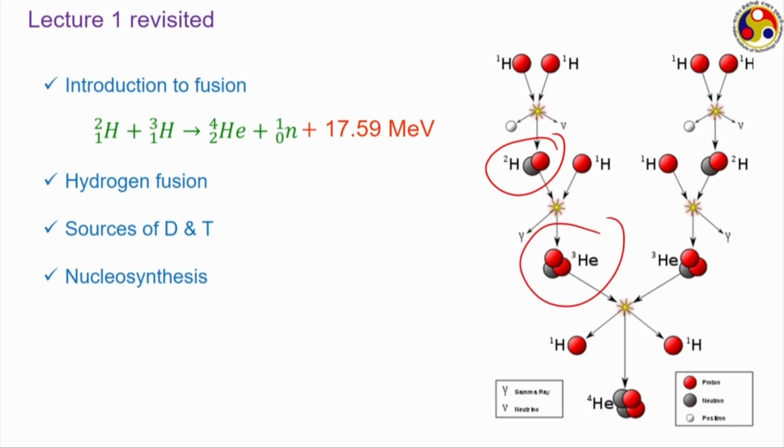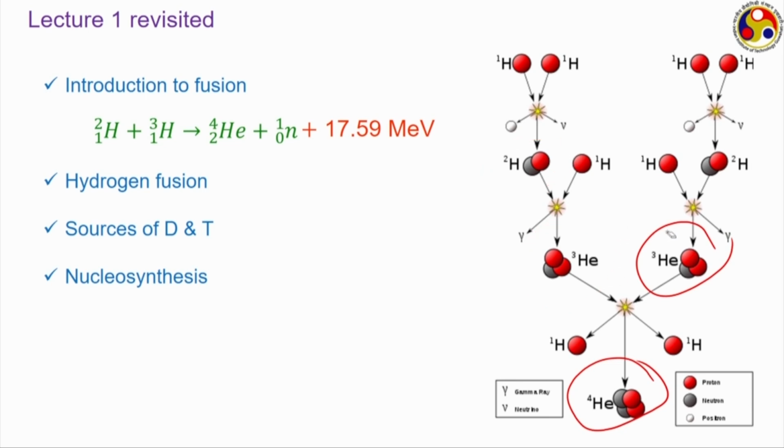And then once we have two helium-3 isotopes, that can lead to the formation of one helium-4, and this chain can continue to produce successively heavier elements, and the most important one of them, as we have discussed, comes from that triple alpha reaction, which leads to the production of carbon-12, and as a byproduct of that oxygen-16, and generally carbon and oxygen are the two most important components for the development of life on earth.